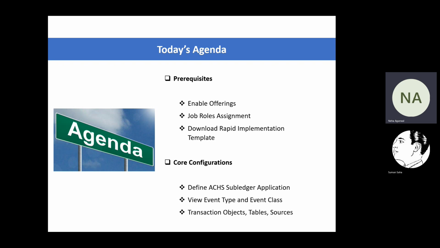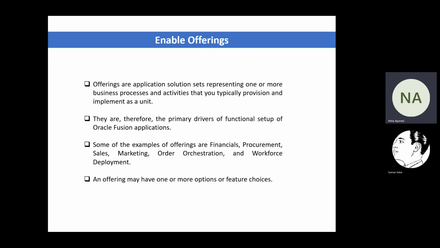So we will see our configured subledger application, the event class and event types created, and the transaction objects, tables, and sources that are created. Once our subledger application is configured, we will be moving to the accounting transformation setups, which will be covered in our next sessions. So this was an overview of what we will be doing today.